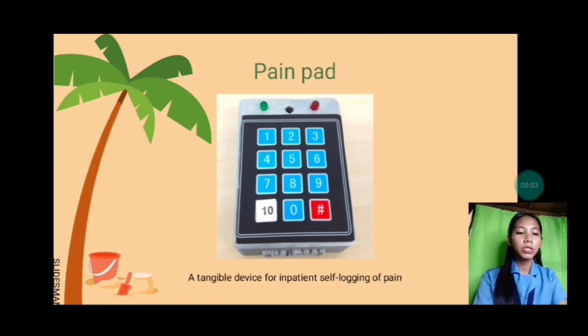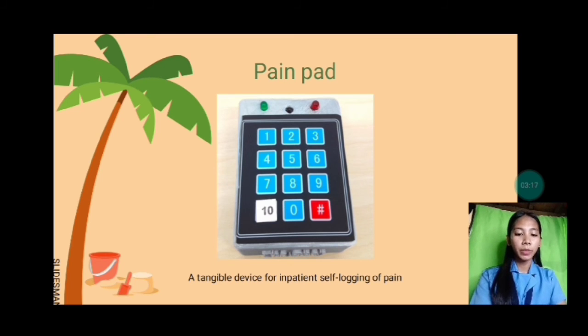So this is the tangible device for inpatient self-logging of pain. After returning from surgery, the patients were each given a PainPad that stayed by the side of their bed. Patients were encouraged to use it at their earliest convenience. The PainPad was programmed to prompt the patient to report their pain levels every 2 hours.